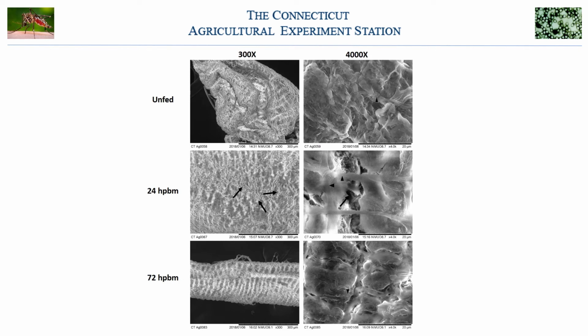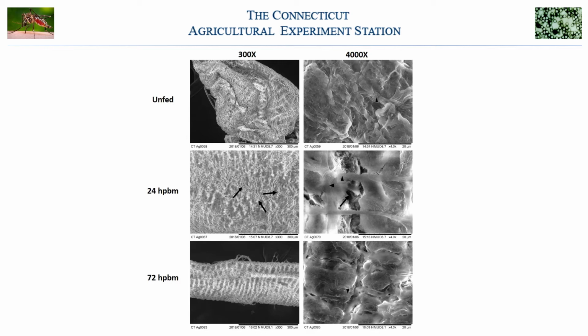So we took some mosquitoes that were uninfected, gave some a blood meal, others did not, and then we did scanning electron microscopy, a very high-powered form of microscopy where we can look in detail at the substructures of the gut. We've done this for unfed mosquitoes, 24 hours post blood meal, and 72 hours post blood meal, and we looked at 300x and 4000x.